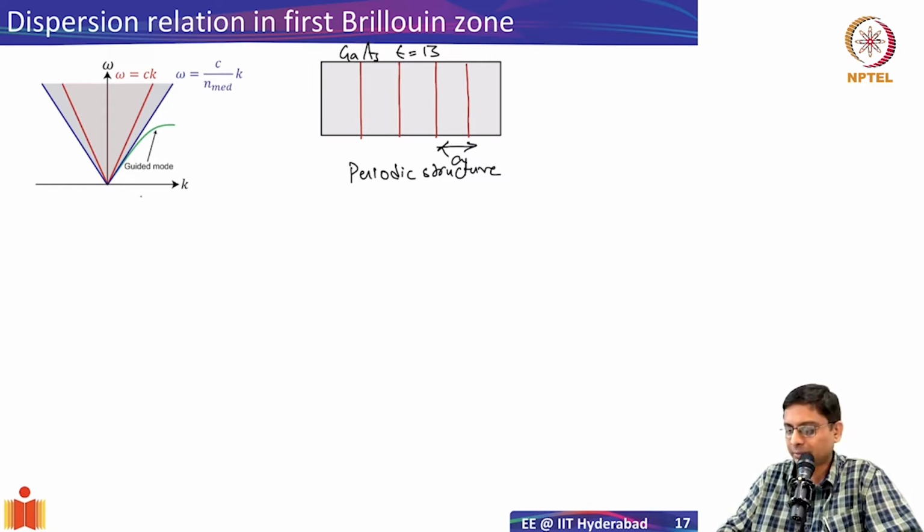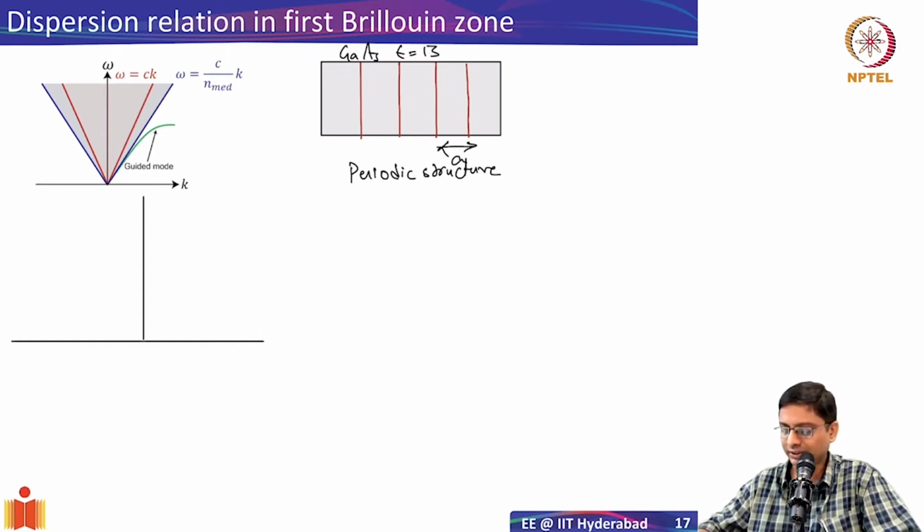So let's redraw this dispersion relation in a slightly different form. Well, the same form, but that will help us to take the concept forward. So now I have, let's say, omega versus k. This is a straight line like this, and then correspondingly there is another straight line.